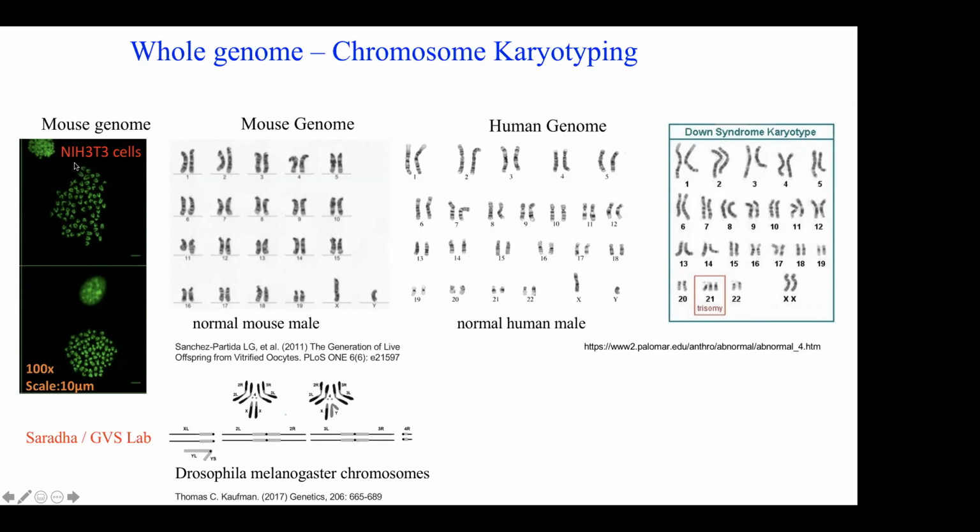When you see the NIH3T3 cells, the numbers are very high. They are maybe triple the number of what you see in the mouse normal genome. So when you choose your cells for your experiment, it is better to check the genome size. Depending on the genome size, your experiment may vary also.